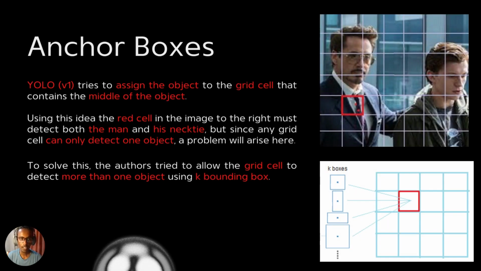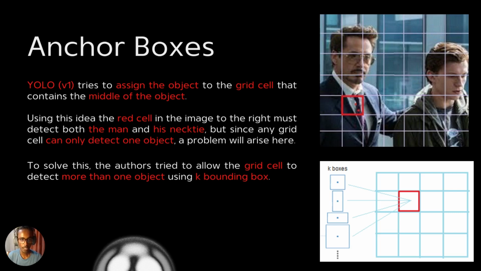So the main concept that was introduced in YOLO V2 was anchor boxes, and we need to talk about them because they're very important. YOLO V1 tries to assign the object to the grid cell that contains the middle of the object. We already talked about this concept.